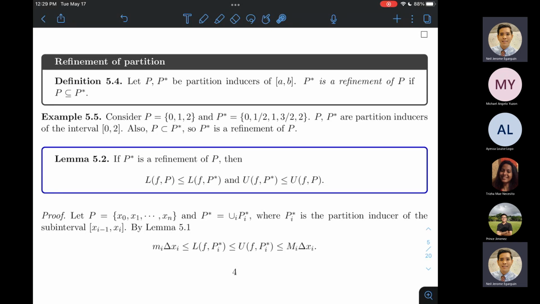Kapag nadagdagan ng elements si P to get P star, then you can say P star is a refinement of the partition inducer P. Okay? So parang mas pinapino natin yung partition inducer, right? Kasi nagdagdag tayo ng mga panibagong partition points. Kaya siya naging subset, ano?